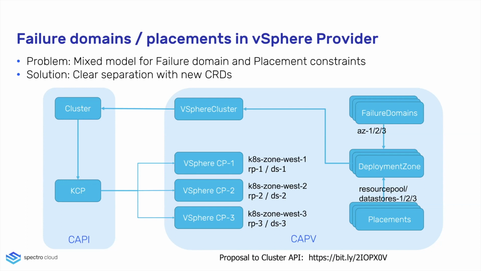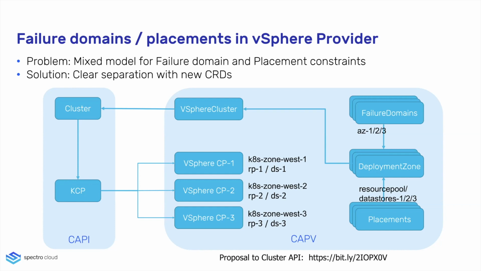The proposal that we have is to have a clear separation between the fault domains and the placement constraints. The fault domains are defined by the vSphere admin, right, which reflect the physical infrastructure fault domain. For example, the data center, the compute cluster, your host groups can be different fault domains.